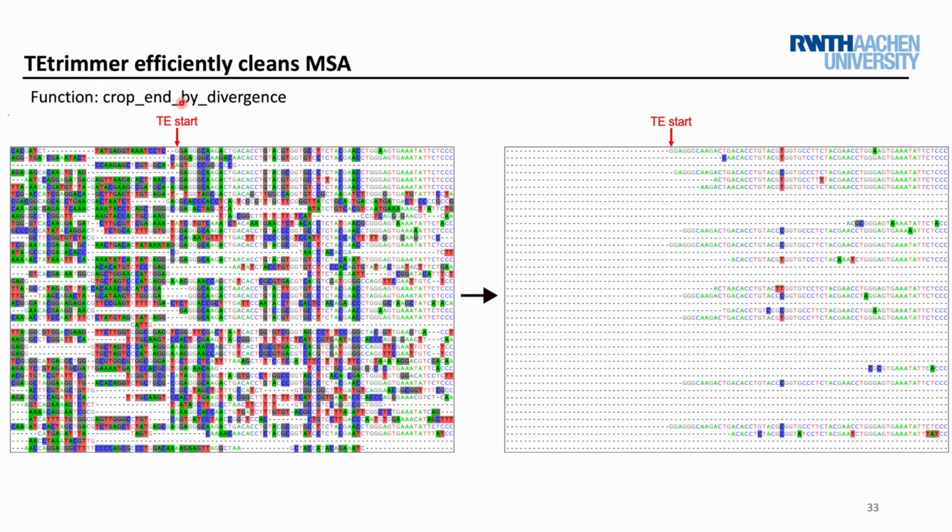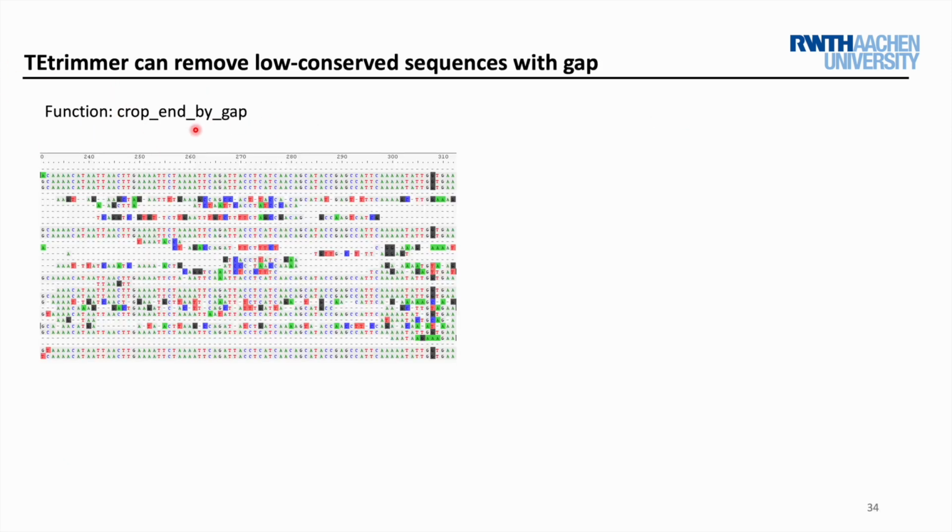Besides this function, there's another function called crop end by gap. This function will not convert the multiple sequence alignment to a proportion matrix, but instead takes advantage of the original alignment. At first glance you will see that those regions are lowly conserved, and you want to clean them. Traditionally we have to select them and clean them manually, which is very, very time consuming.